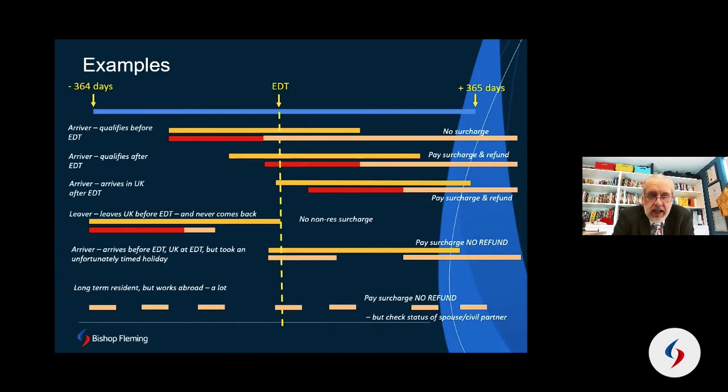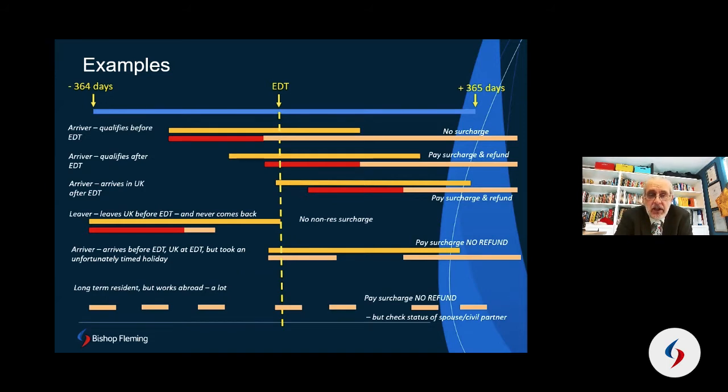Now, why is he buying a house if he's leaving? Well, maybe he's buying an investment property, but whatever. He's left the UK with the intention of not being resident. At the effective date of transaction, he is not resident, and he will never be resident again. But he doesn't pay the surcharge because he qualifies under these oversimplistic rules. Not fair, doesn't make sense, but those are the rules.